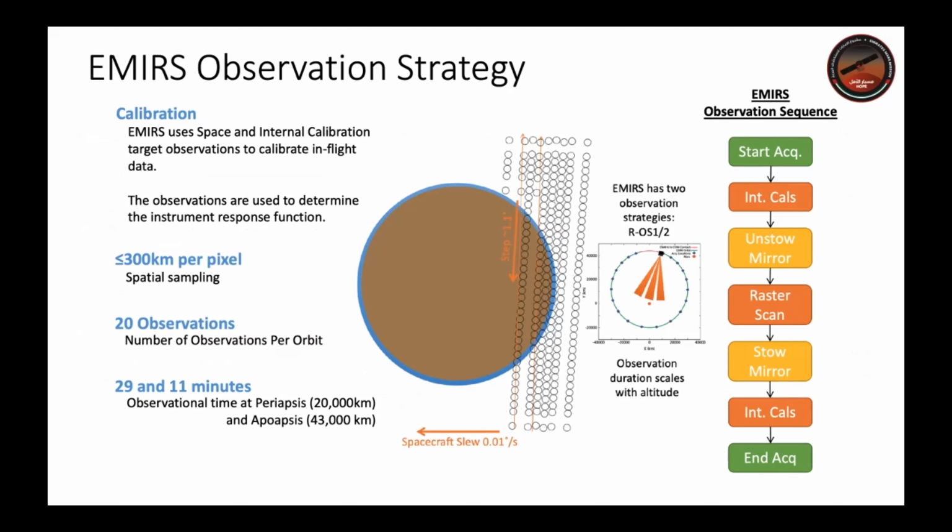EMIRS uses an internal calibration target and a space look to calibrate the data. We have less than 300 kilometers per pixel spatial sampling. We acquire approximately 20 observations per orbit, although that depends on the available data volume. The different acquisition patterns take between about 30 and 10 minutes at the different altitudes of the EMM orbit.